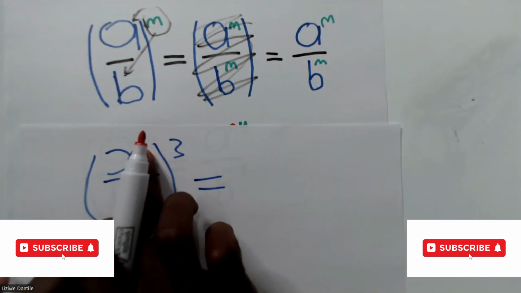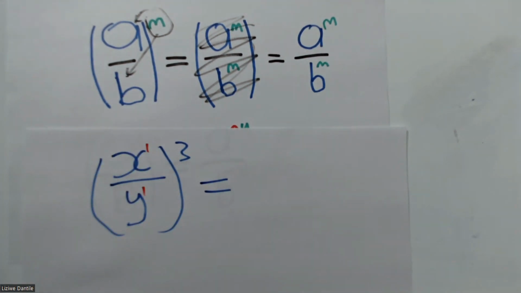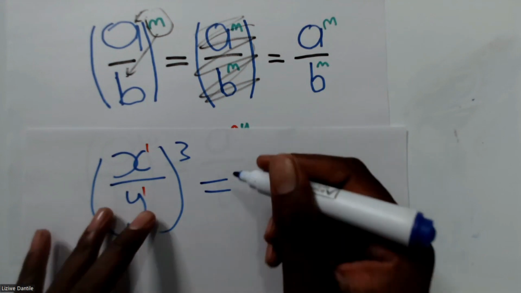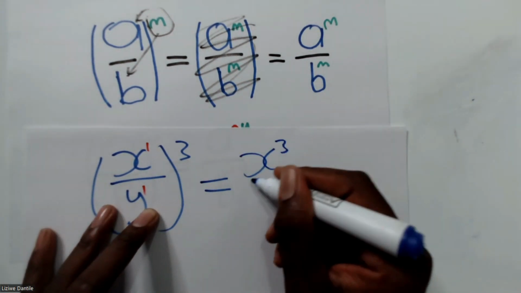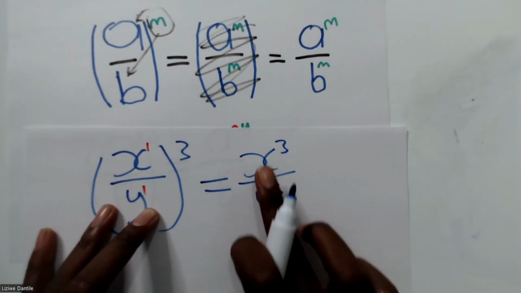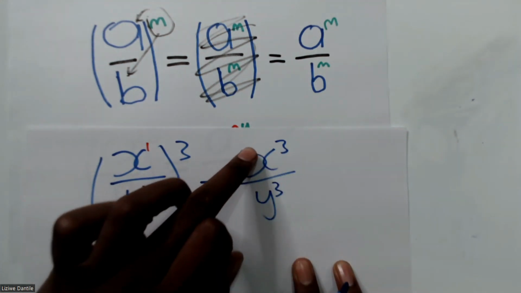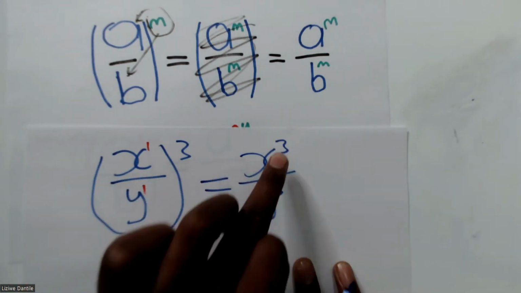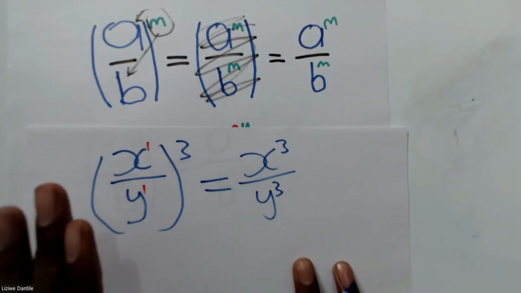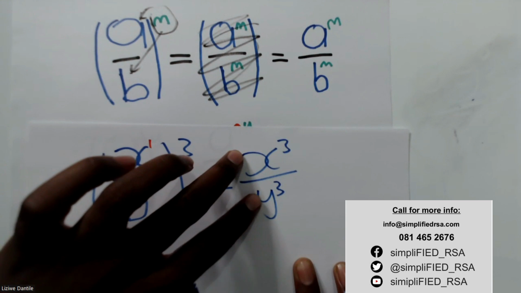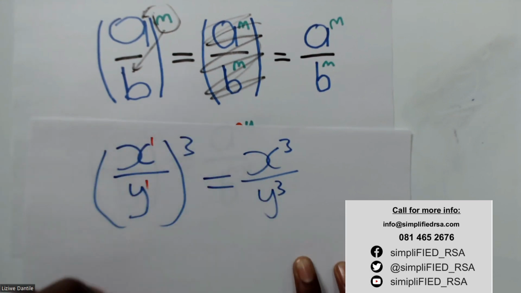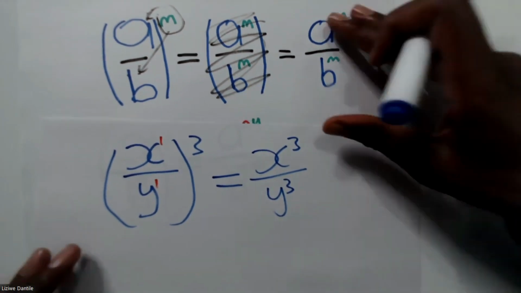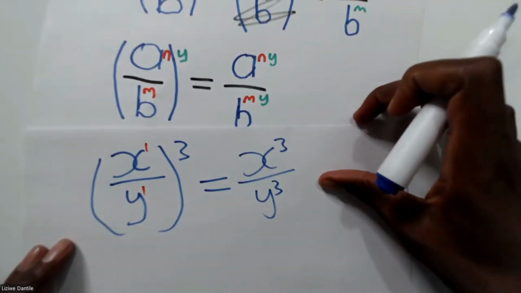So you take that 3 and multiply it with the exponents inside. This results in x cubed over y cubed, and you're allowed to do this. But because the bases are not the same here, you just leave it like that. You can't use the quotient rule anymore, because the bases are not the same.